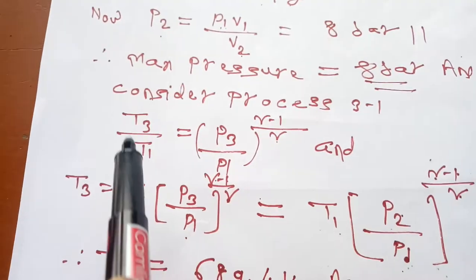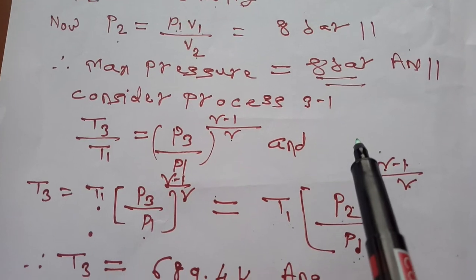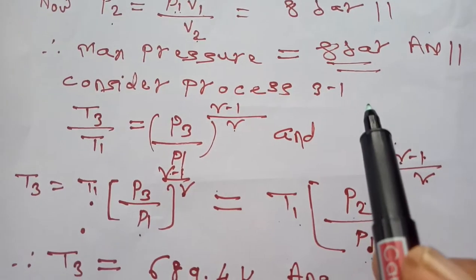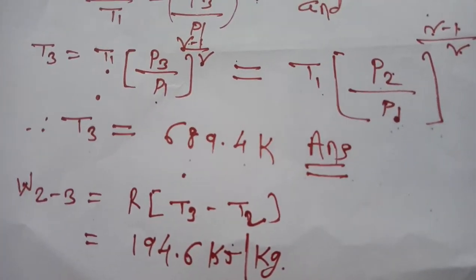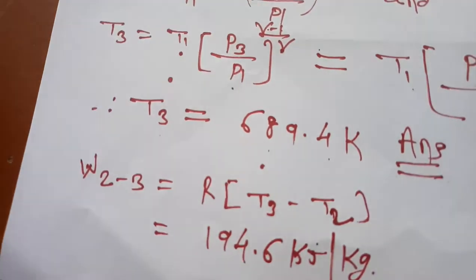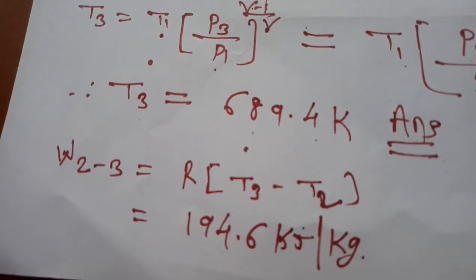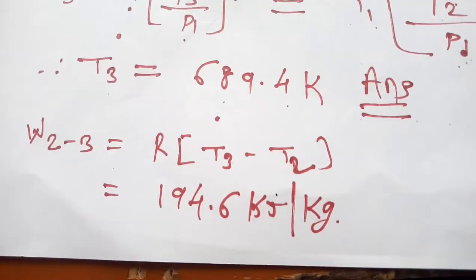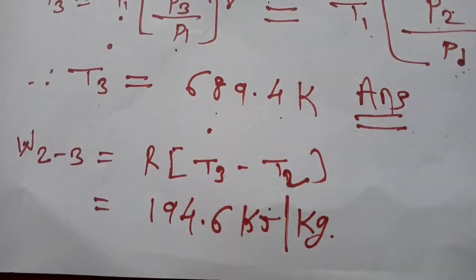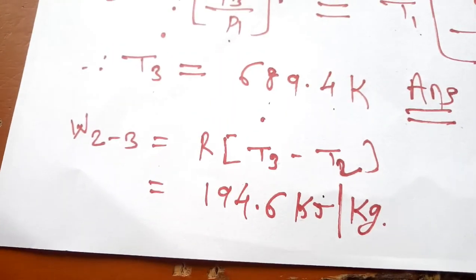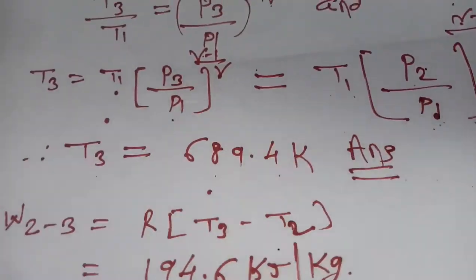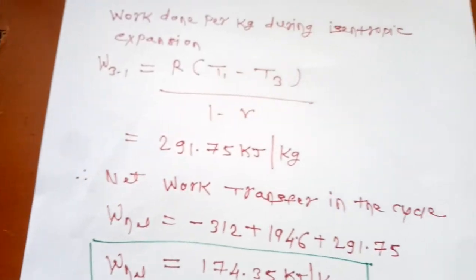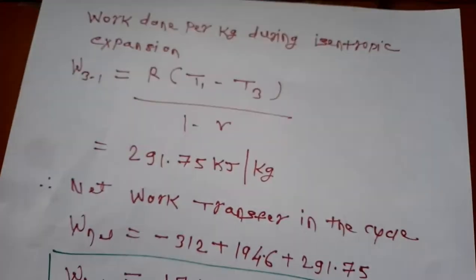So here we have to use different thermodynamic relations for a particular process to calculate the unknown figures. W23, so work done in process 23, that is R in bracket T3 minus T2. So W23 comes 194.6 kilojoule per kg. Now work done per kg during isentropic expansion.